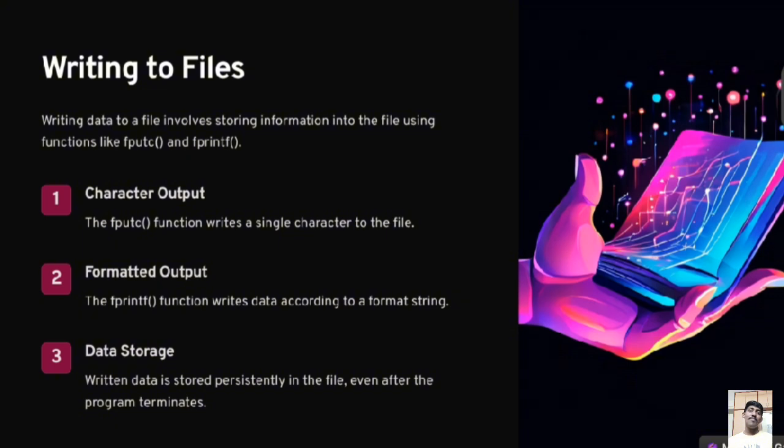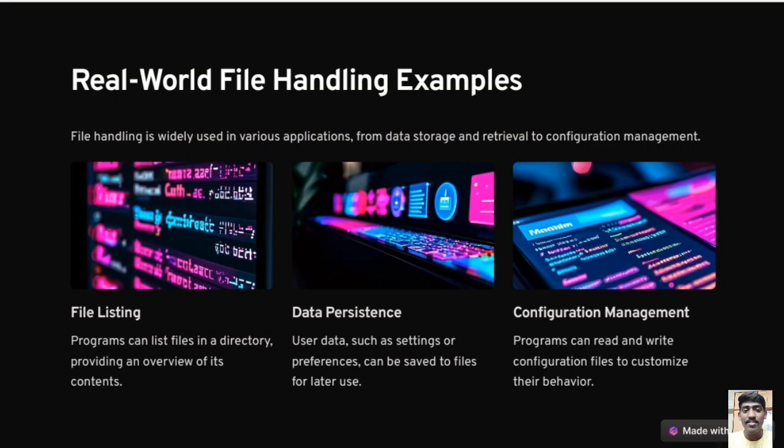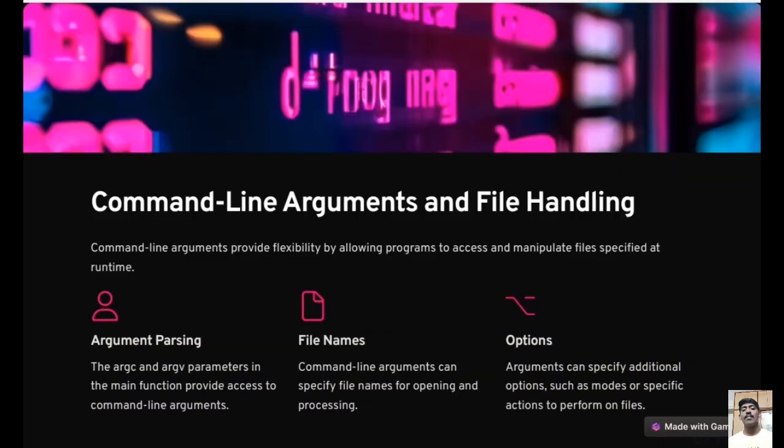Read mode and write mode are used in text files only, and append mode is also used in text files. Then we have input and output functions: scanf and printf, for strings fgets and fputs, and for characters fgetc and fputc.